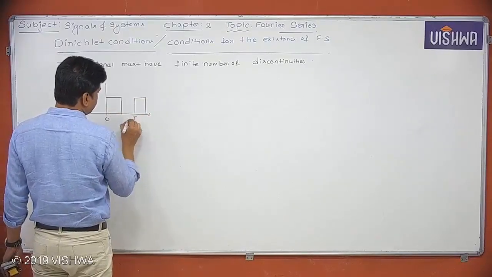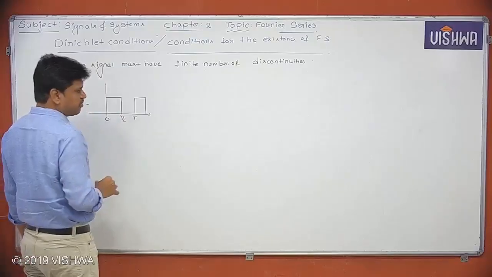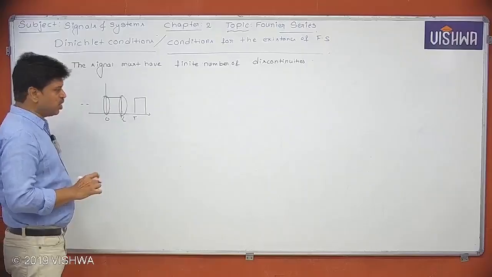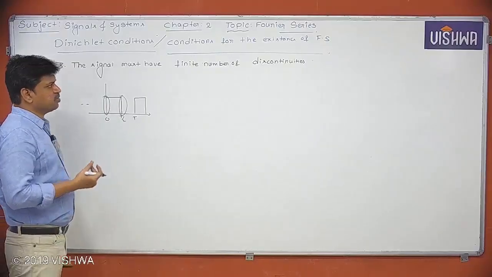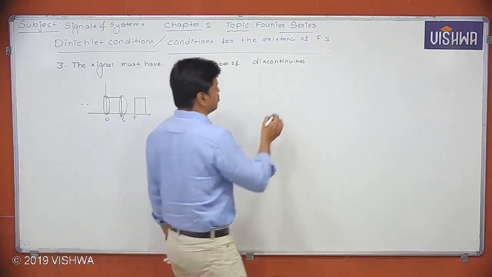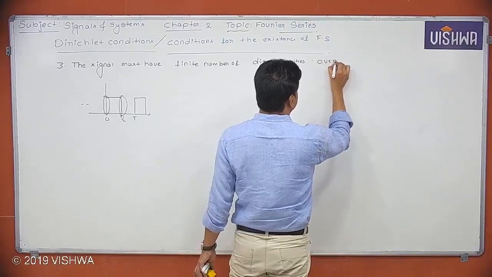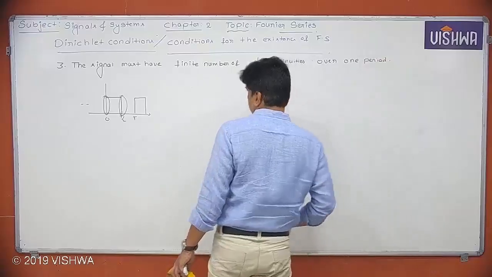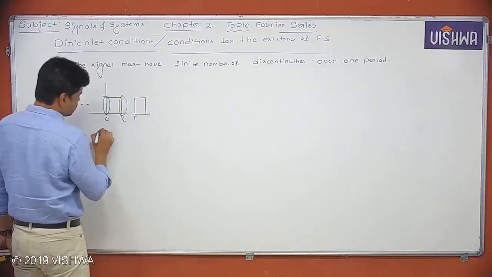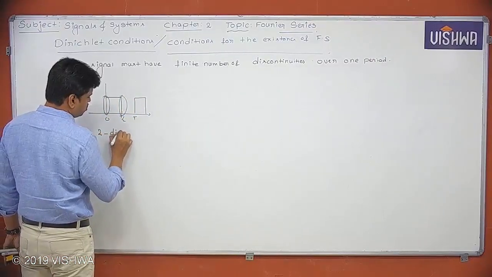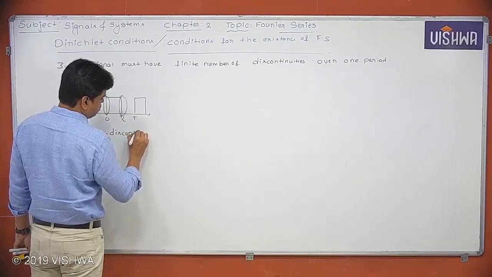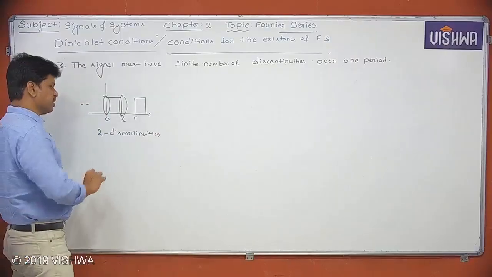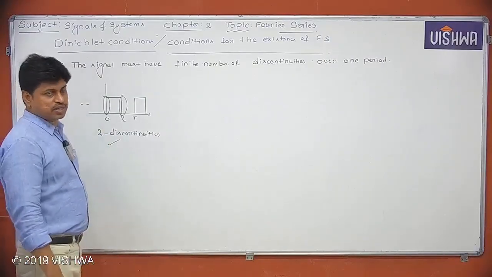Over one period, how many discontinuities are there? Only two discontinuities. So if you count the number of discontinuities over one period, we have a finite number, only two. Then we can say, yes, for this kind of wave the Fourier series exists.